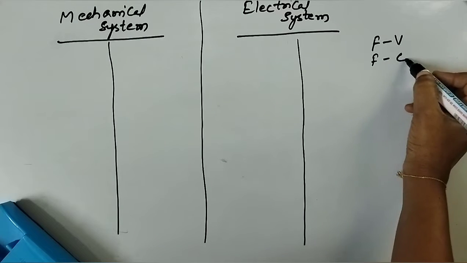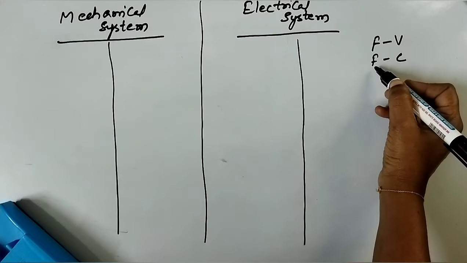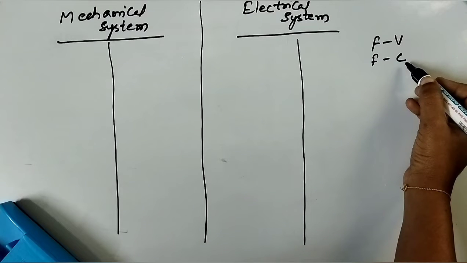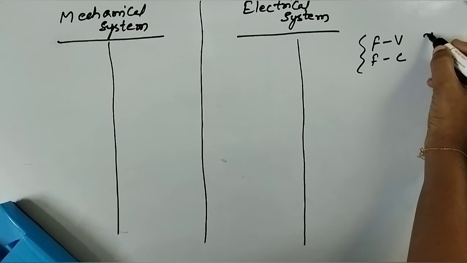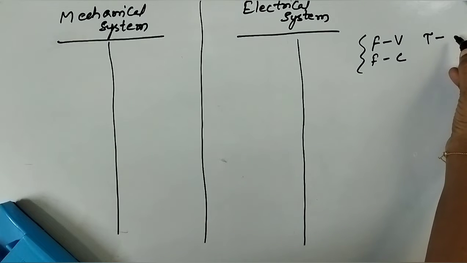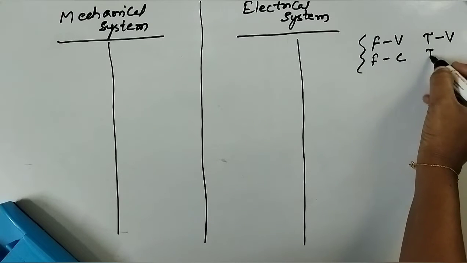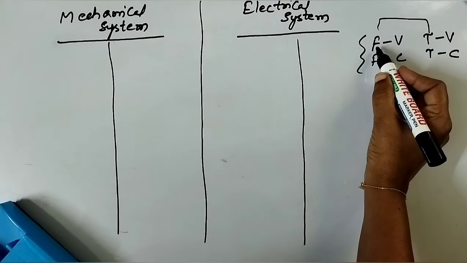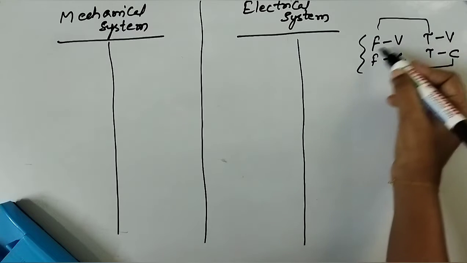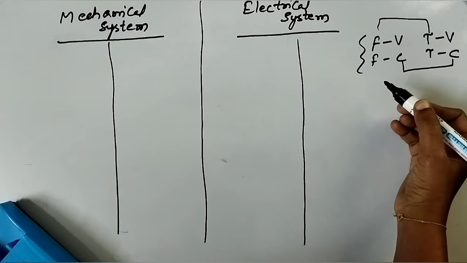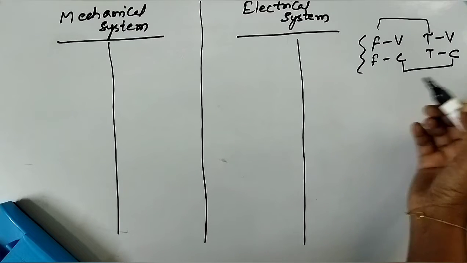The force current analogy: force in the mechanical system, whereas the input is a current source in the electrical system. Likewise, for the rotational system you have the torque voltage analogy and the torque current analogy. In the translation system, force; in the rotational system, torque. So you have four sorts of conversion depending upon the type of system.